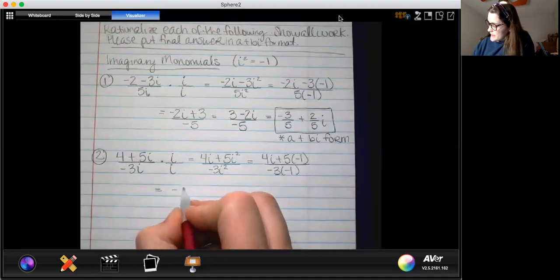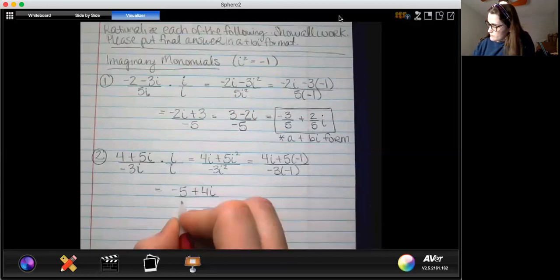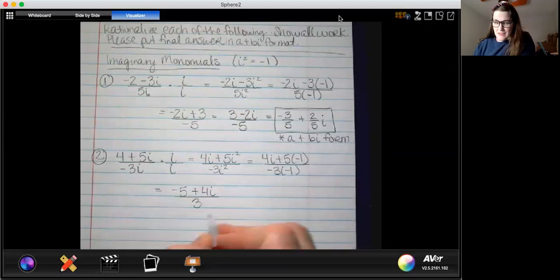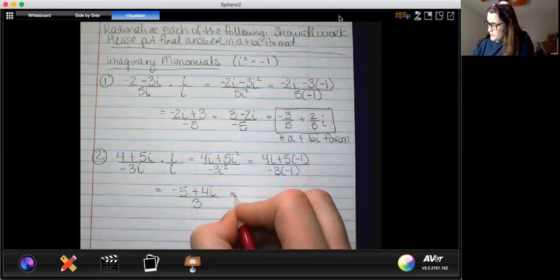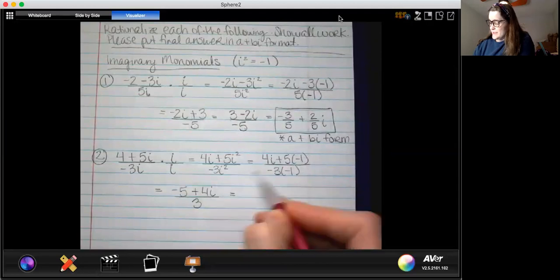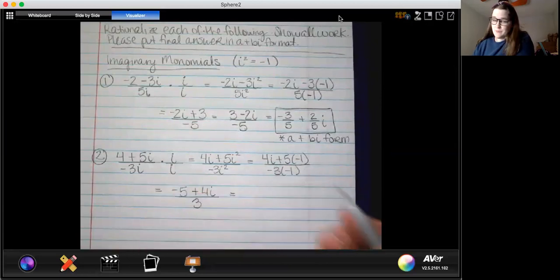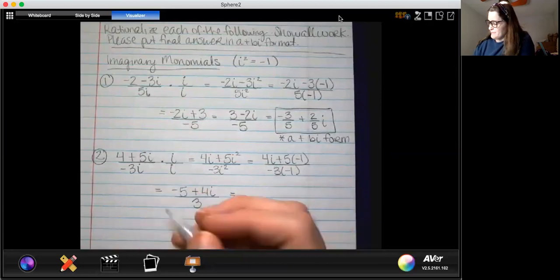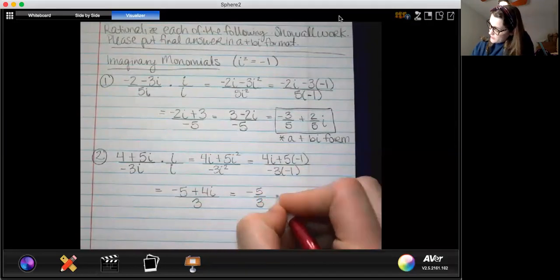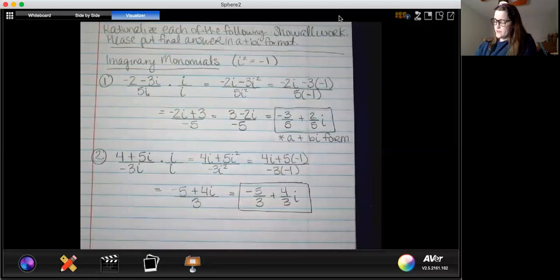So I could rewrite it as -5 plus 4i, because I already know that it needs to do that. And then -3 times -1 is +3. And then you can split it apart. You can kind of skip the substitution step because you're going to eventually realize that it always happens, because you're multiplying an i times an i, so you're going to substitute a -1. So it's always going to simplify. So then we get -5/3 plus 4/3 i. That's our final answer.